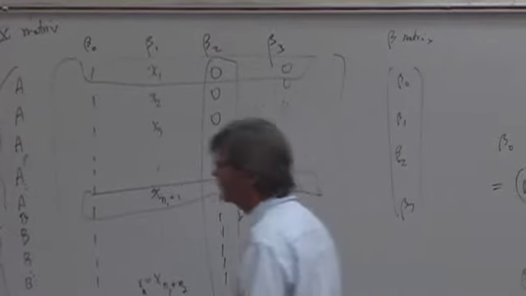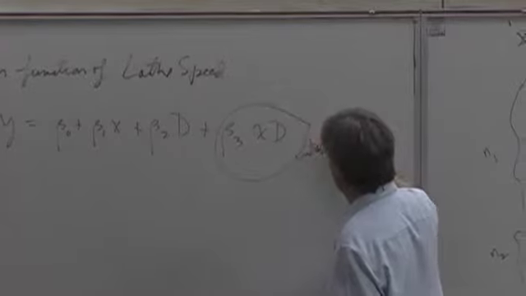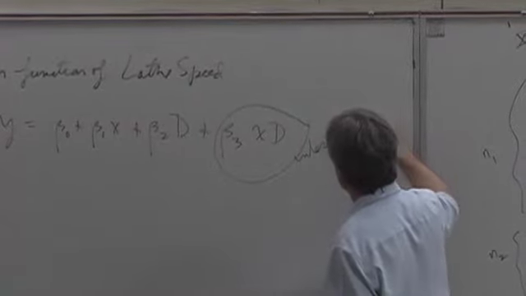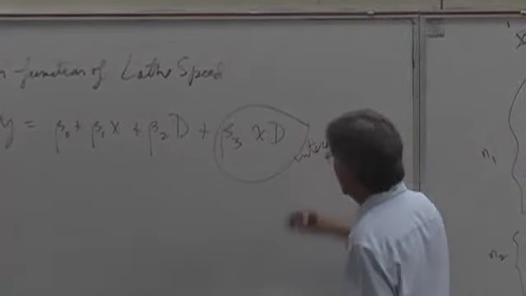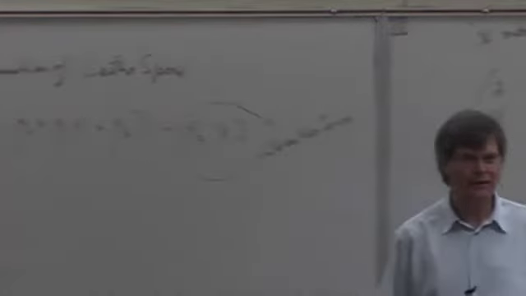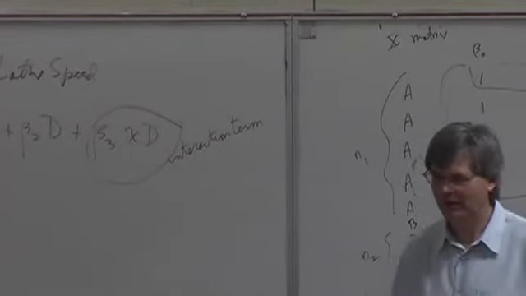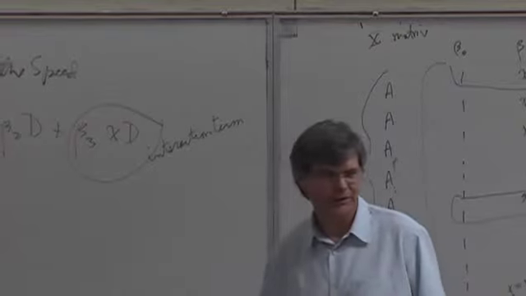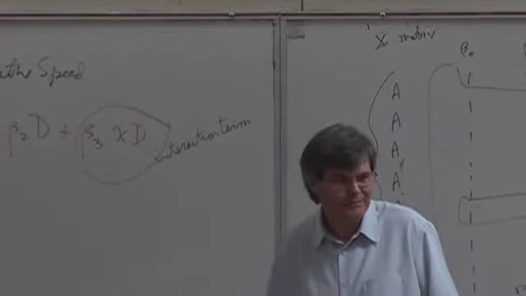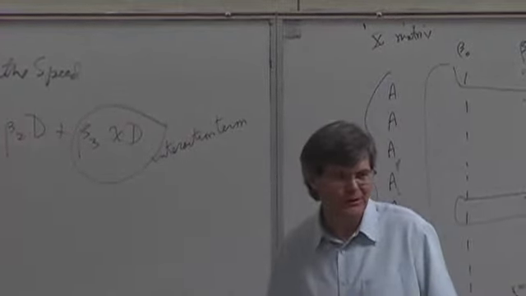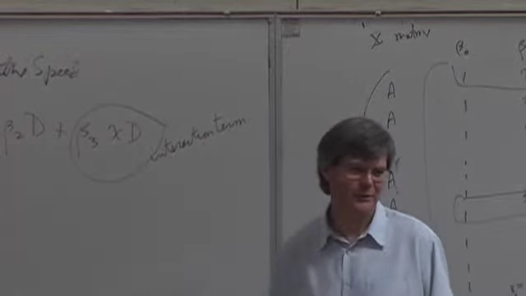So this is the interaction term. In other words, if tool type interacts with lathe speed, does one type of tool tend to live longer, even at higher speeds, versus the other one?